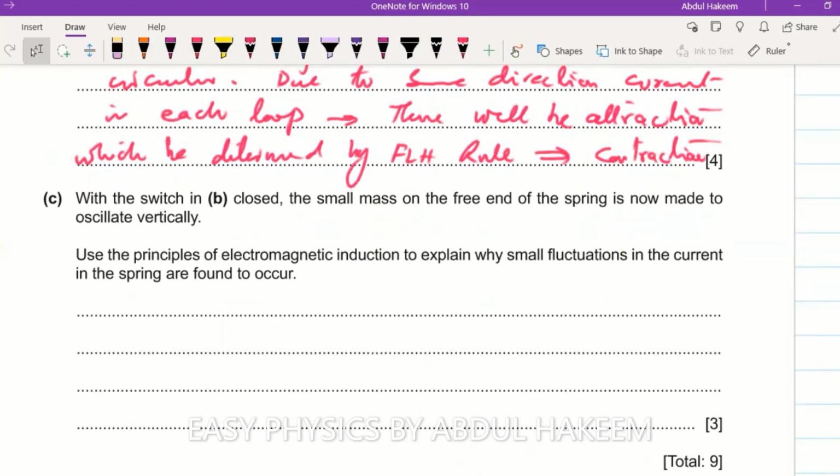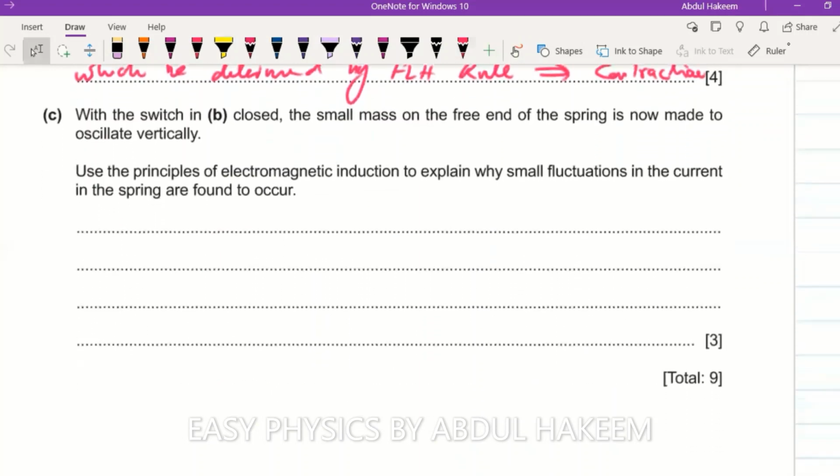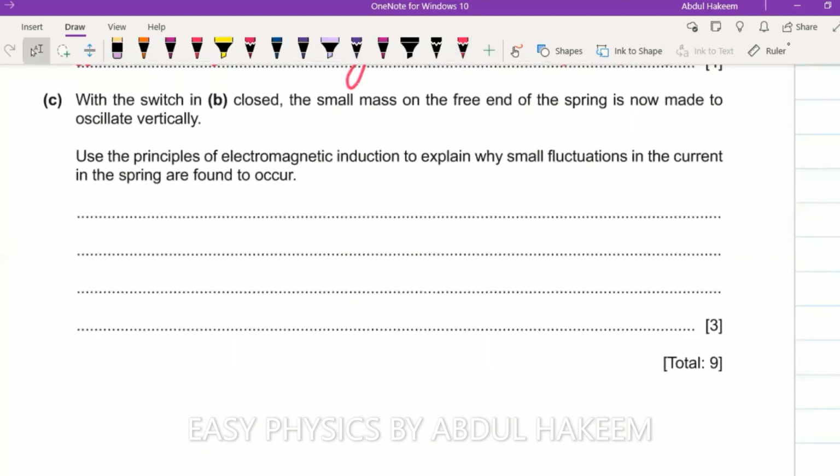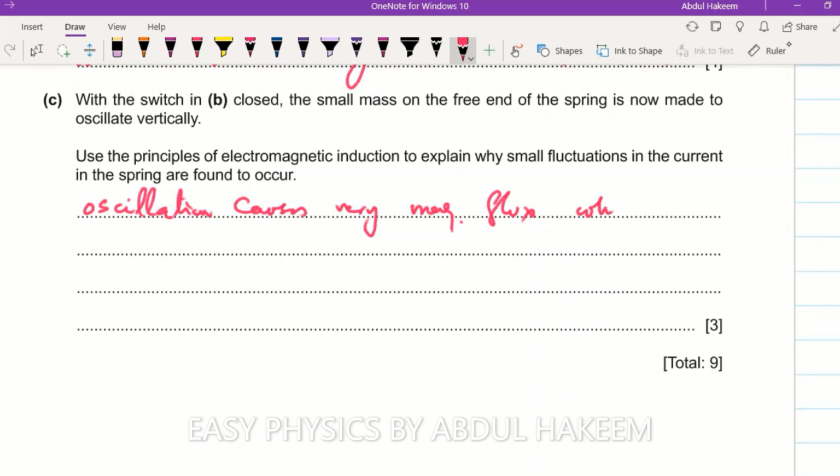Now the next: with the switch closed, a small mass at the free end of the spring is made to oscillate vertically. Use the principle of electromagnetic induction to explain the small fluctuation in the current in the spring. When it oscillates, the oscillation causes a varying magnetic flux, which is cut by the coil loops.